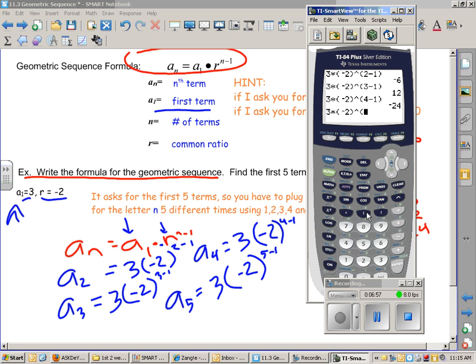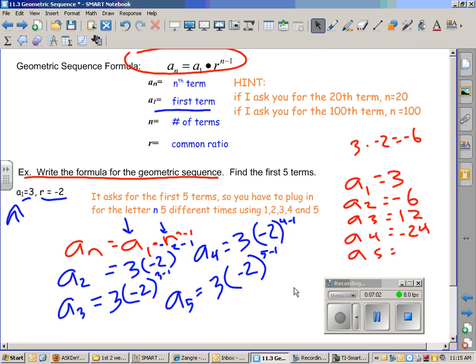Got to put in parentheses, 5 minus 1. Close parentheses, enter, and we get positive 48. You'll notice that each one we go, you had to multiply it by negative 2 for it to work. And that is how you find the first 5 terms in a geometric sequence.